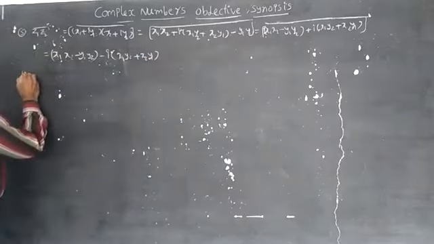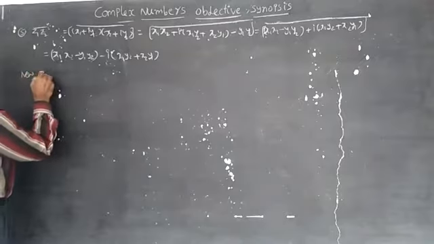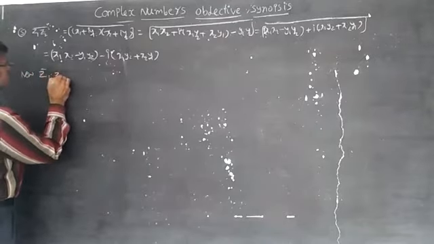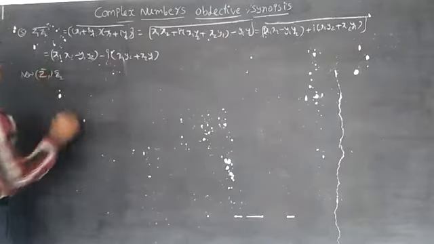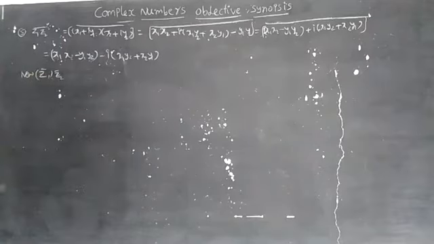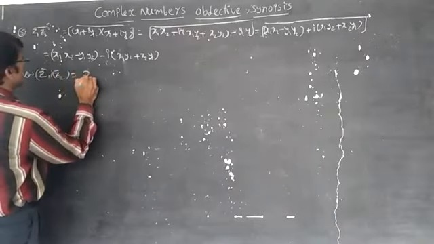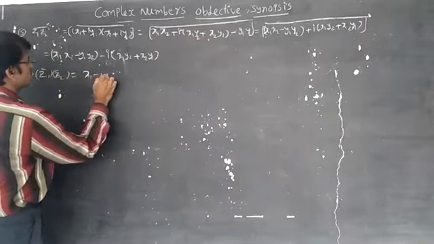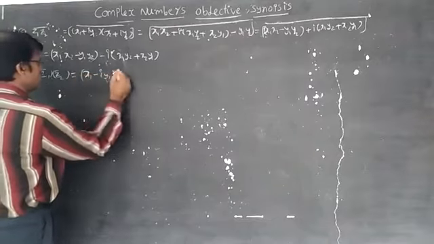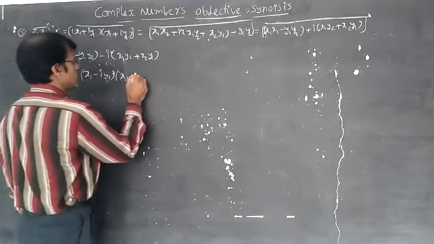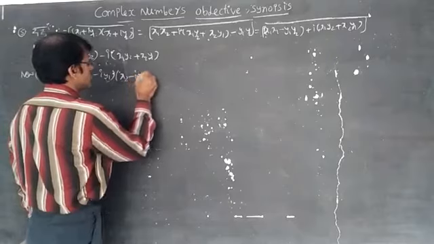Now let us verify z1 bar dot z2 bar separately. So z1 z2 whole bar can be understood as z1 bar dot z2 bar. So what is z1 bar? x1 minus i y1, into z2 bar, x2 minus i y2.